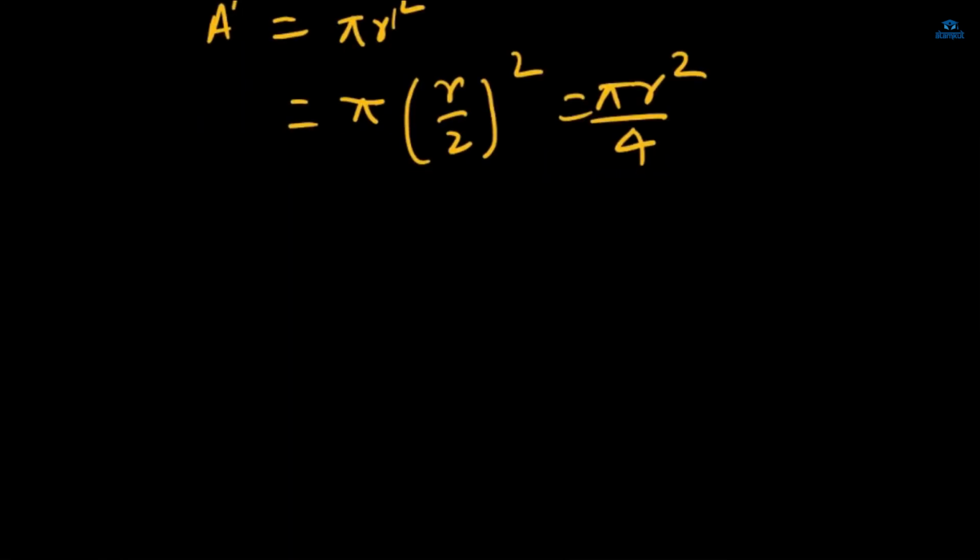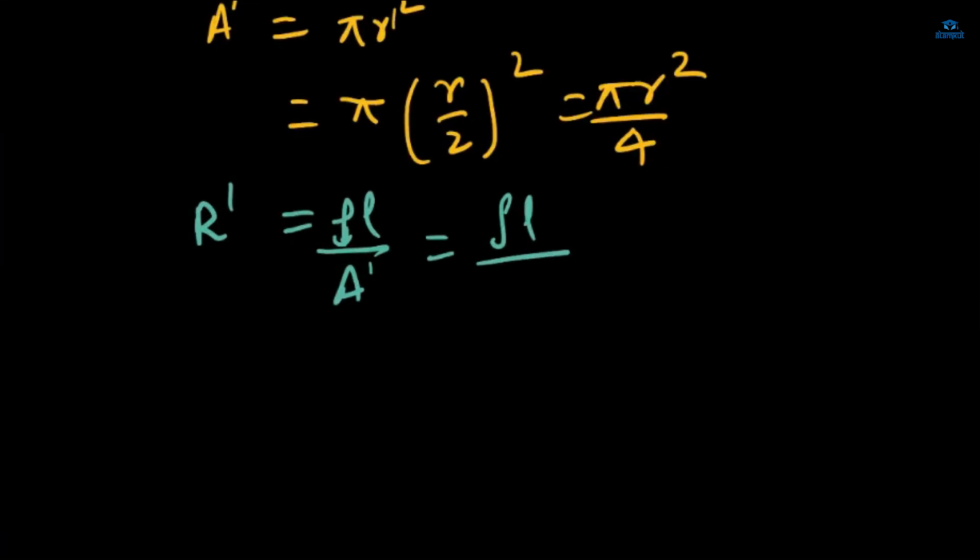Yes, ma'am. Okay, so R dash is equal to rho L by A dash. Here L dash is L because the length is not getting changed. A dash is pi R square by 4.